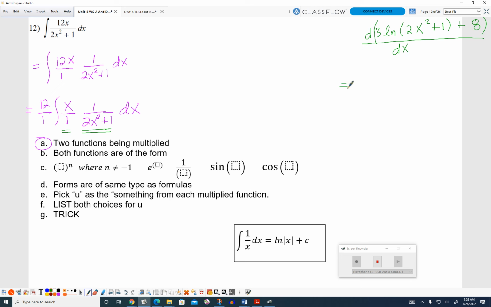So I need someone to raise their hand and talk me through the derivative of the green item. So someone volunteer to tell me what I should write. 3 over... So Kate knows 3 is a multiplying constant, so she writes that down. She then says the derivative of the natural log of something is 1 over that something.